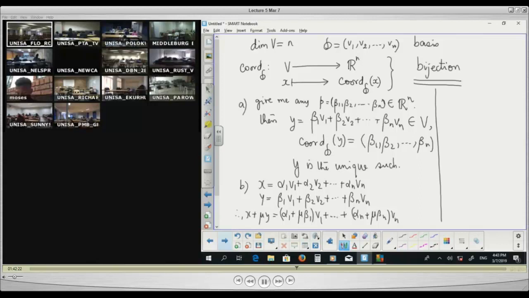So it is a linear map. So it's a linear transformation. So it's a bijective linear transformation. So I can say this coordinatization is a bijective linear transformation.